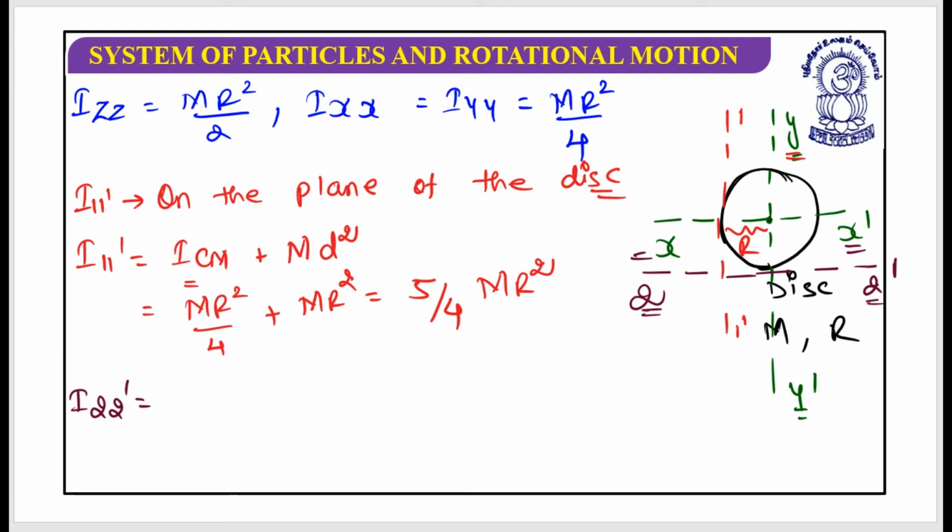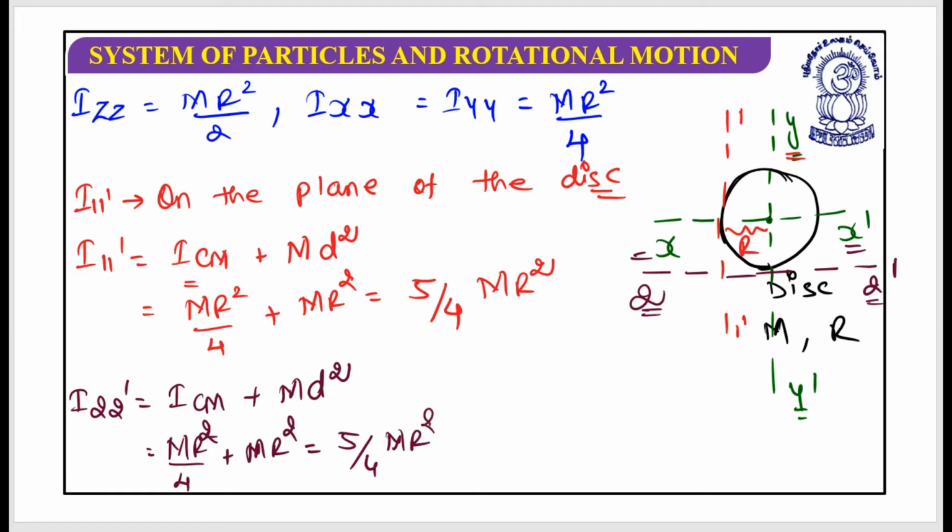And when I22 dash is parallel to the XX dash, what I can write is ICM plus m into d square. So it's mr square by 4 plus mr square. When I write this, it is 5 by 4 mr square. I hope this is clear.